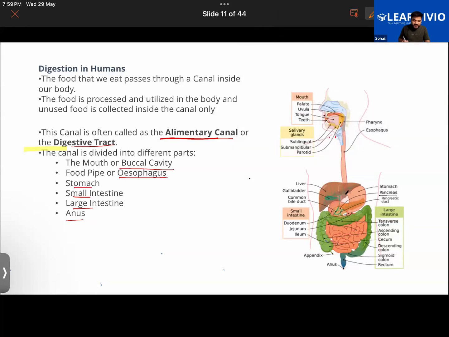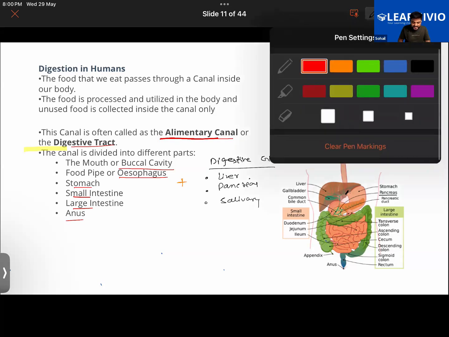Apart from these, we have digestive glands also. What were the three digestive glands we studied? Yes, liver, pancreas, salivary glands. Very good.